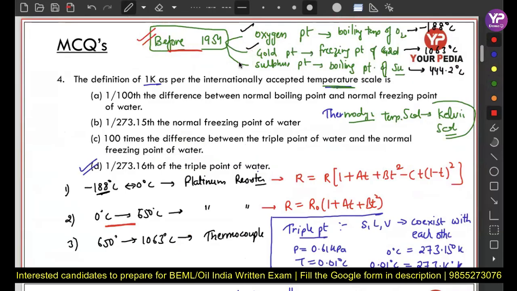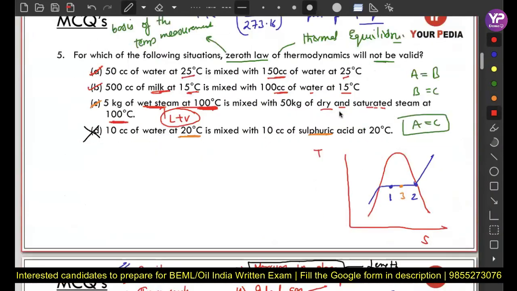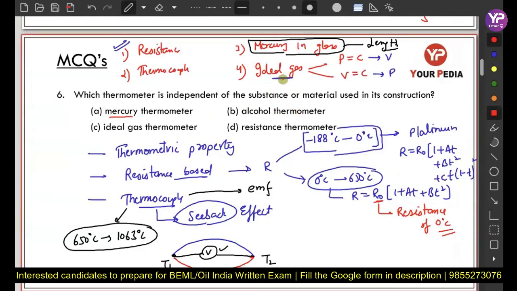After 1954, we defined the thermodynamic temperature scale. In modern thermodynamics after 1954, we use an ideal gas thermometer to calibrate them, to find out the exact temperature values. Just remember this one.